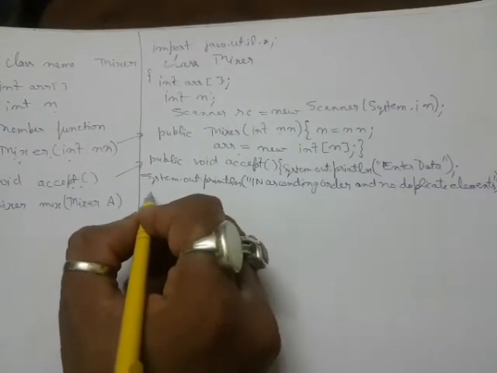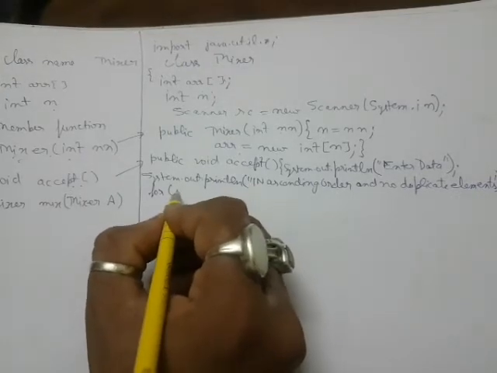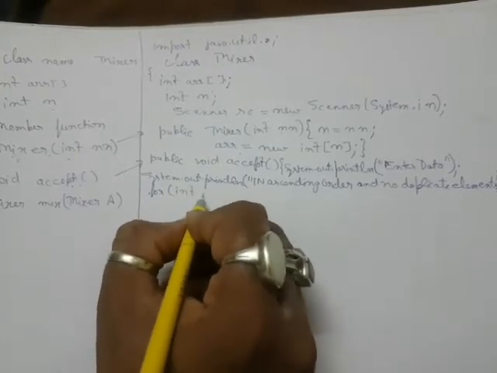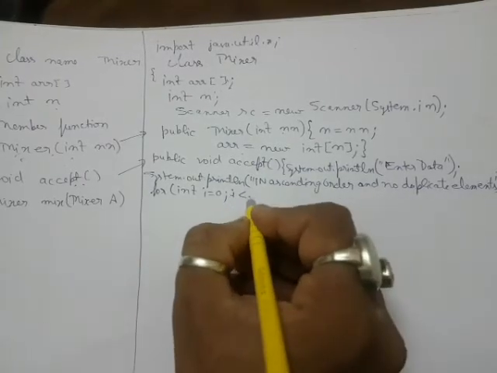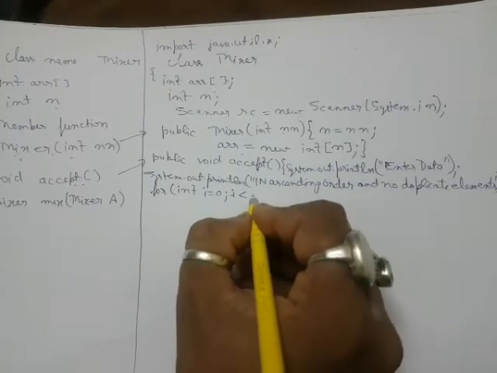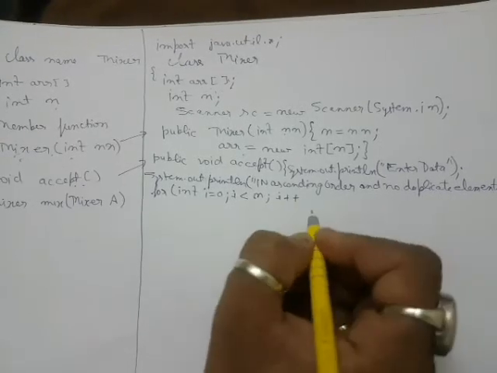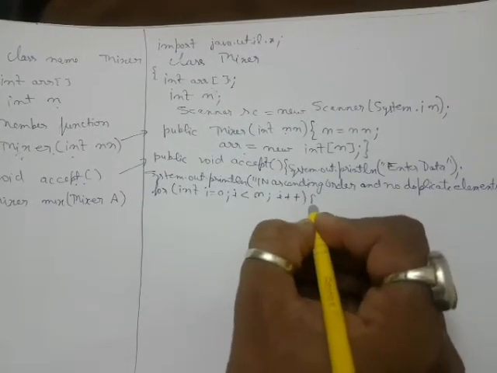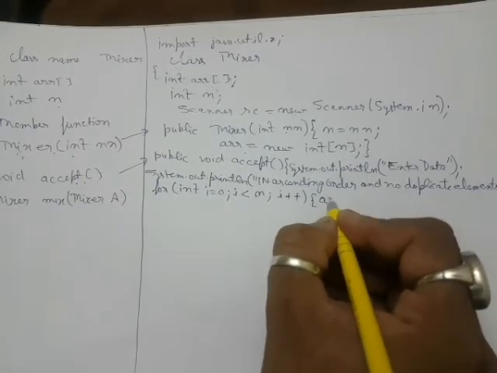So input statement is going to be with a loop because I have to input the data into the array. So I have got a variable int i equal to 0, i less than, what to write here, n. Okay, semicolon, i plus plus. Then I have got a statement here for the input, arr.